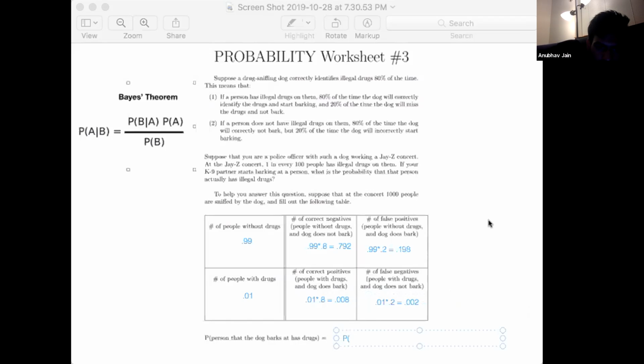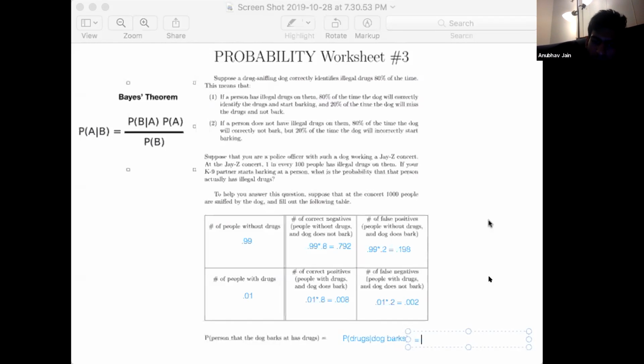So now we want to find the probability that people have drugs given the dog barks. And to do that, we have in our denominator the total probability that the dog does bark, which is going to be 0.198 plus 0.008, which is 0.206.